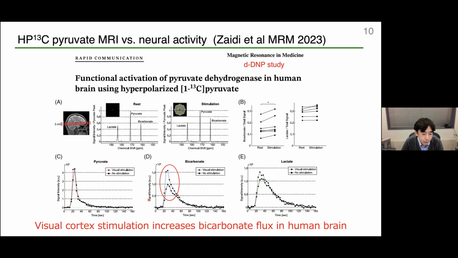So this finding suggested that, since our imaging study showed a decrease in the bicarbonate flux, maybe neural activity in the visual cortex may be attenuated in the case of vision impairment.